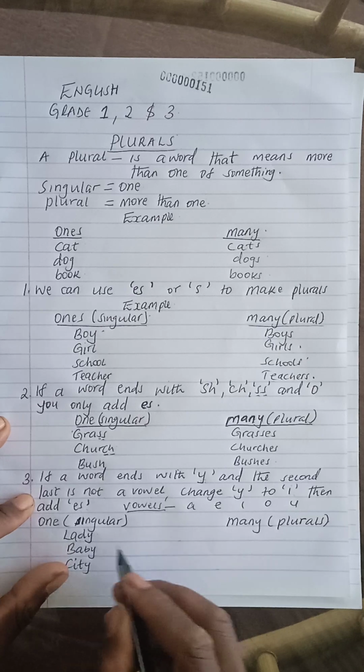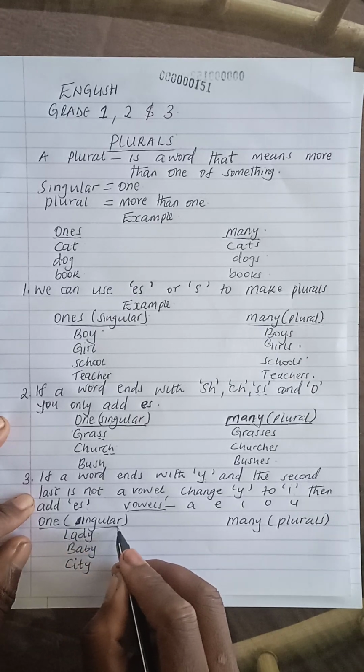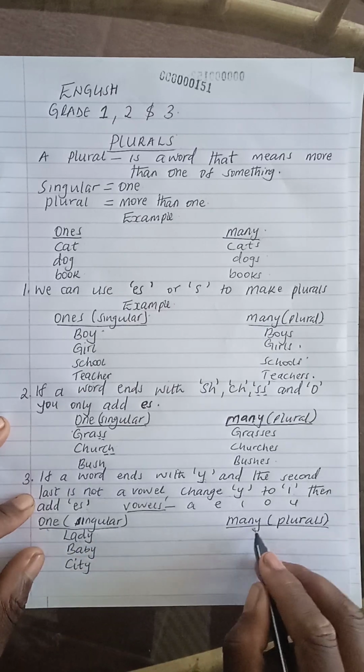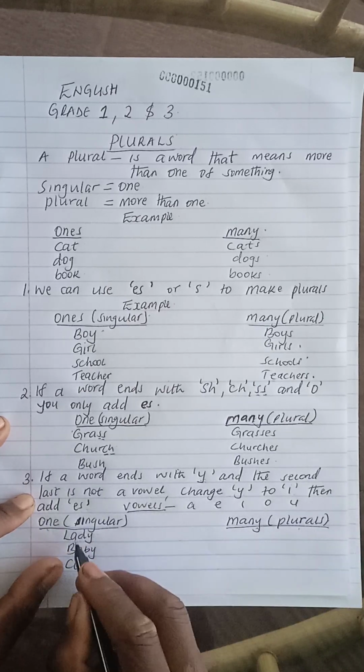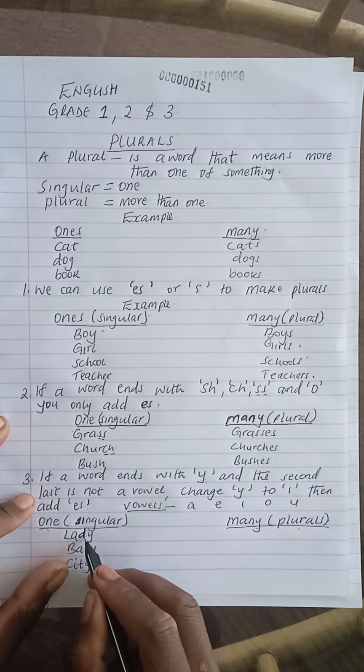Like this one now. Here, this word is in singular form, or in ones. Then you have to change it into many, or plural. So they have said, you see this letter D, it's not a vowel.